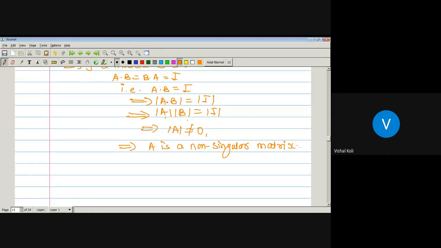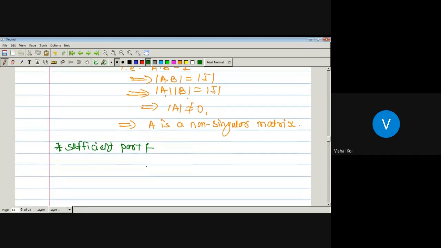Now, the sufficient part. In that one, we take the determinant as non-zero, and we have to prove A is an invertible matrix. So let determinant of A is not equal to 0. Now we have to prove that its inverse exists.